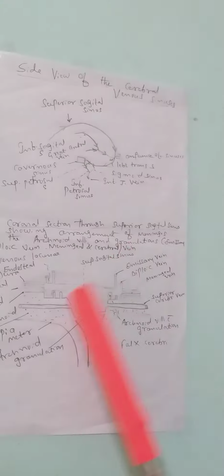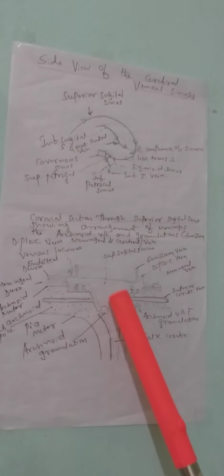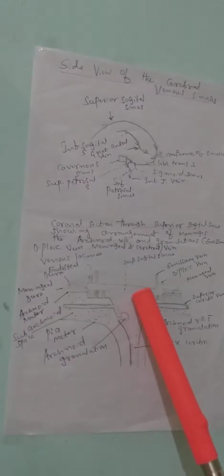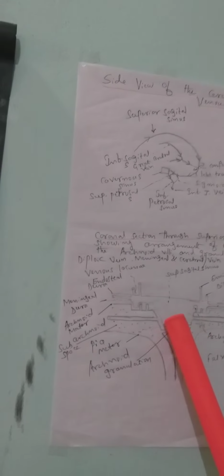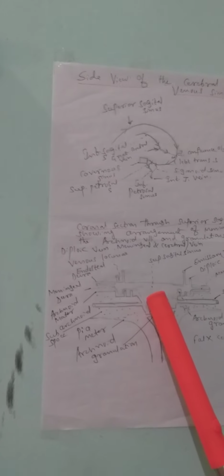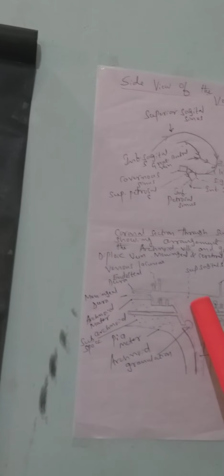If there is an infection in the scalp, or in the nasal cavity in the frontal part, this will cause superior sagittal sinus thrombosis. Moreover, the superior sagittal sinus runs from anterior to posterior, and there lie the paracentral lobules of the cerebrum.